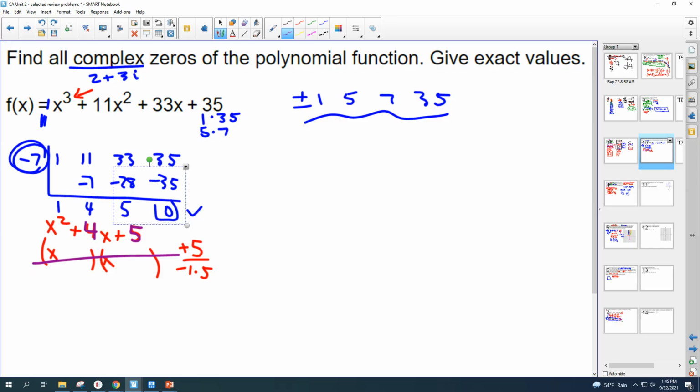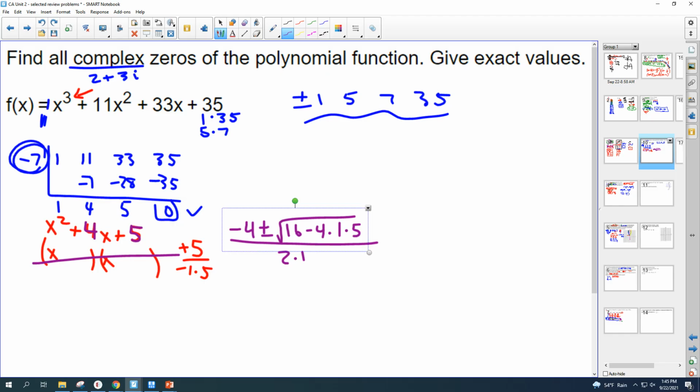So if I can't factor it, maybe I can use the quadratic formula. That's the thing where you go opposite of b plus or minus the square root of b squared minus 4 times the a number times the c number all over 2 times a.